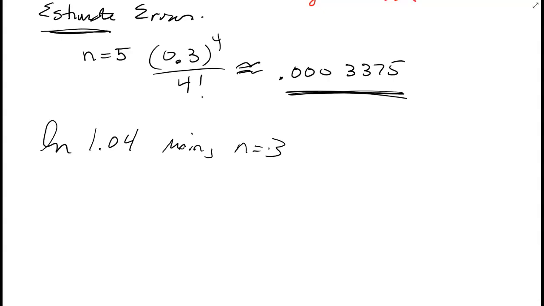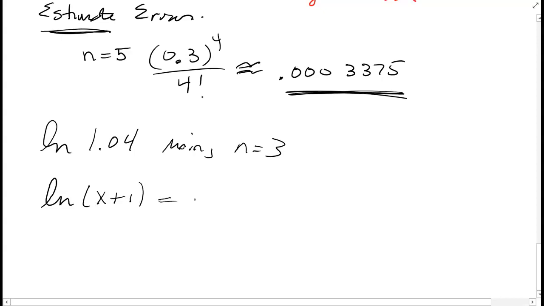This is an interesting one because if you look at the notes posted in Canvas, or you can work it out on your own, you can do an expansion of ln of x plus 1. It's a pretty common expansion. It ends up being x minus x squared over 2 plus x cubed over 3 minus x to the 4th over 4, and so on. So that's your expansion of ln of x plus 1.